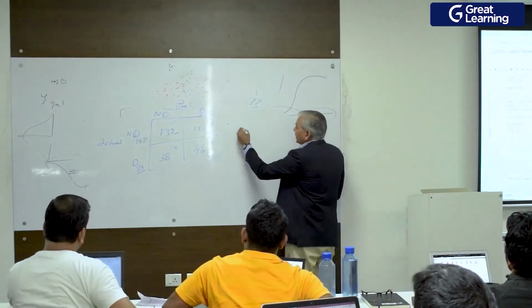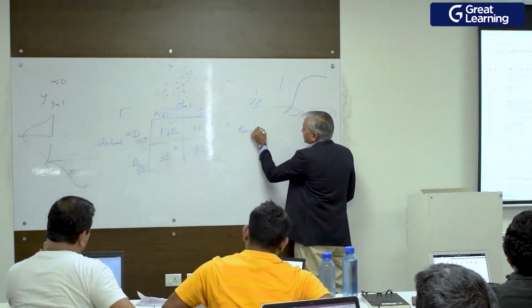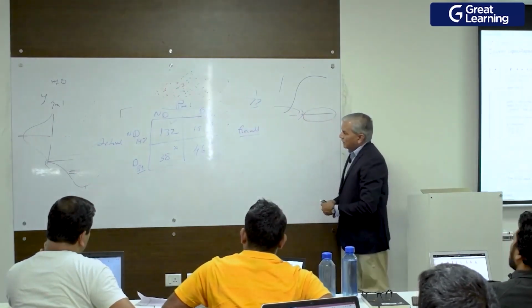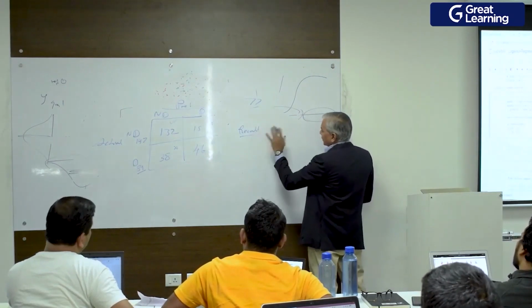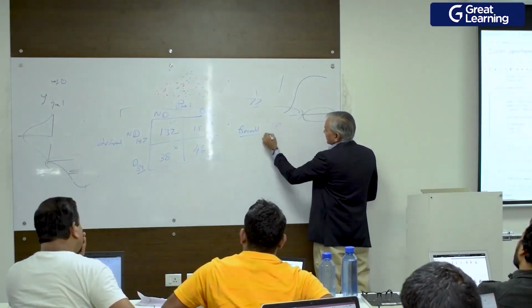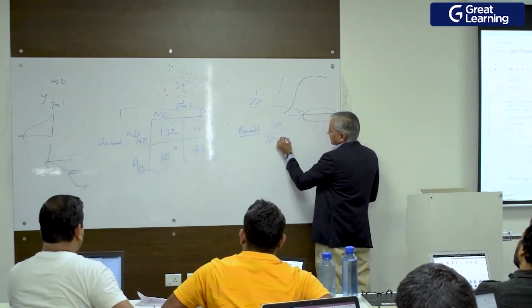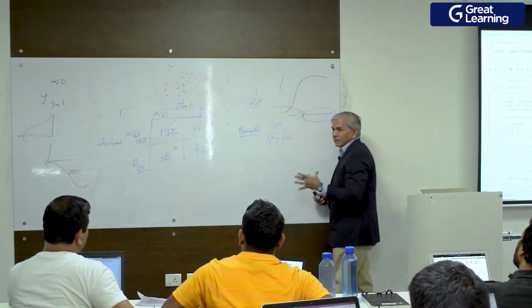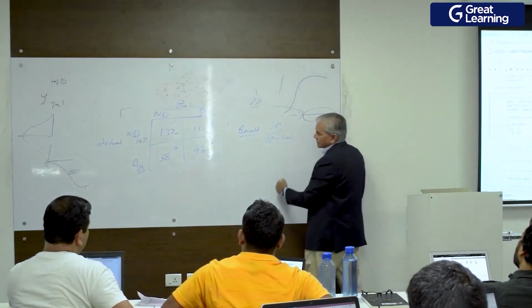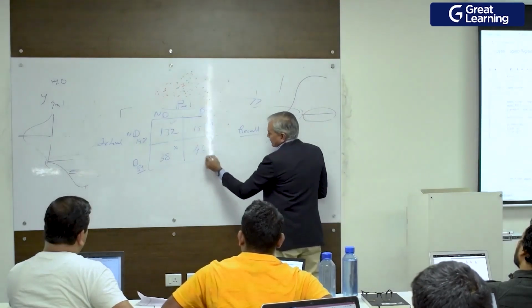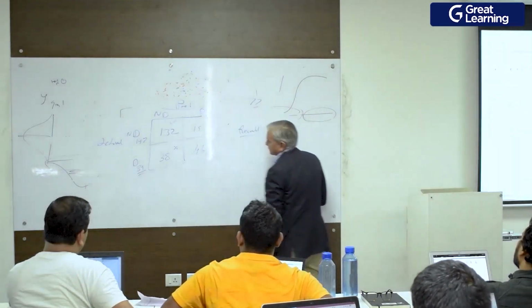We call it recall. The formula for recall is true positives divided by true positives plus false negatives. Looks very hi-fi, but what it means is true positives divided by row total.